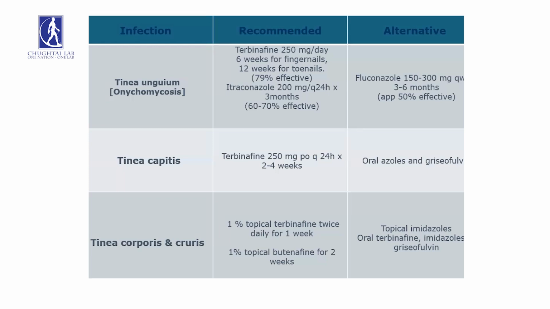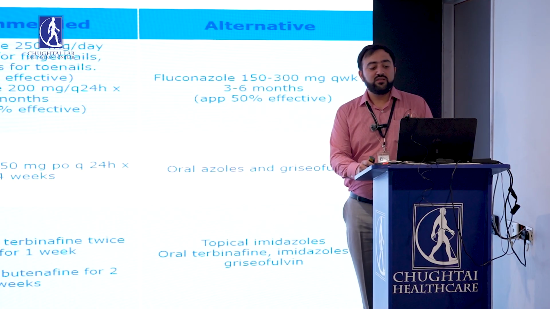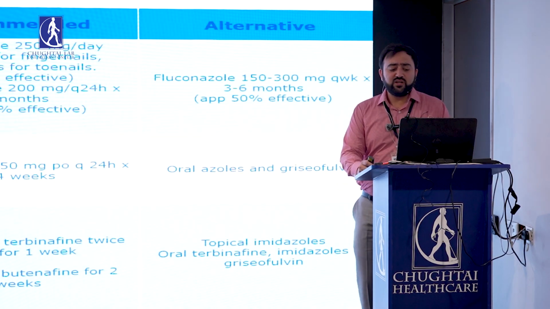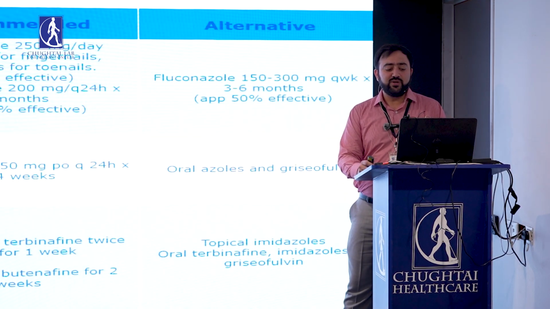Other treatment can be oral itraconazole for 3 months, which is effective in 60 to 70% of the cases. And the alternate therapy in onychomycosis is oral fluconazole for 3 to 6 months, and it is only effective in 50% of the cases. For tinea capitis, oral terbinafine for 2 to 4 months is recommended.